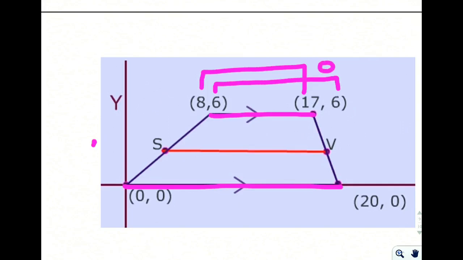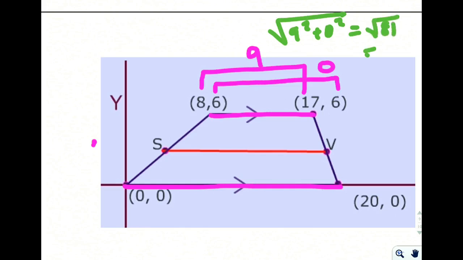If the difference in one coordinate is 0, the difference in the other one is 9. I'll plug it in the distance formula just to prove that your distance is going to be 9: the square root of 9 squared plus 0 squared. 9 squared is 81, 0 squared is 0, so the square root of 81 equals 9. Could have told you that just knowing the other one is 0.